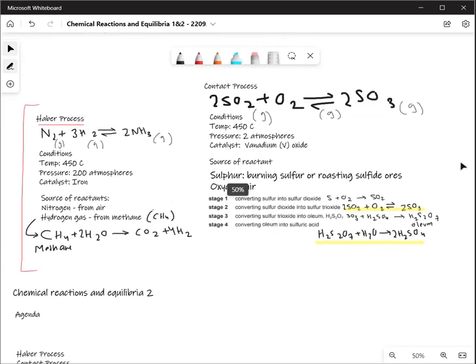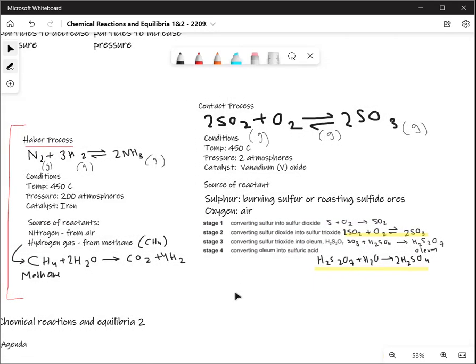Now tell me when you've finished taking a note of this. Niranjana, write this in your notebook. This part and this part. The new things, right? Tell me when you're done writing. Meanwhile, Zahra, start writing the part in the orange one, the equation for contact process and the source of reactants. Okay. We did not write this in the last class. Zahra, start writing from the Haber process.